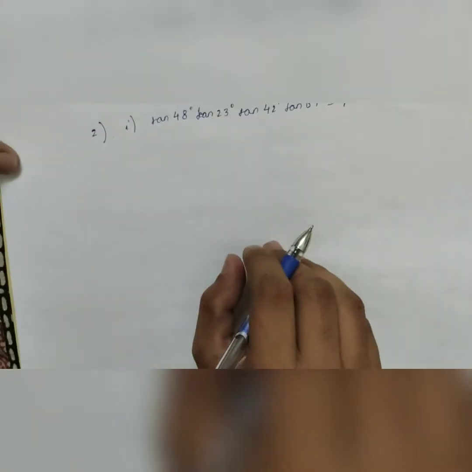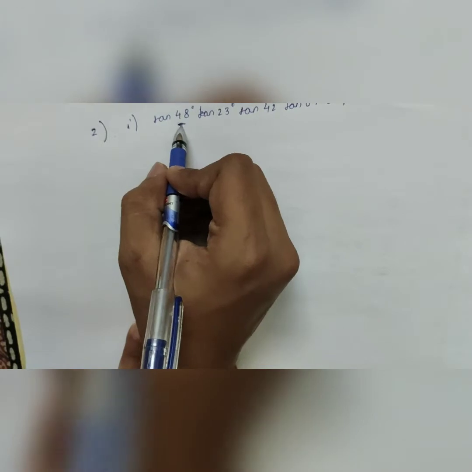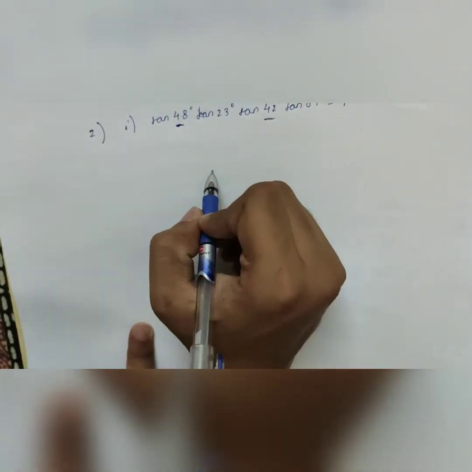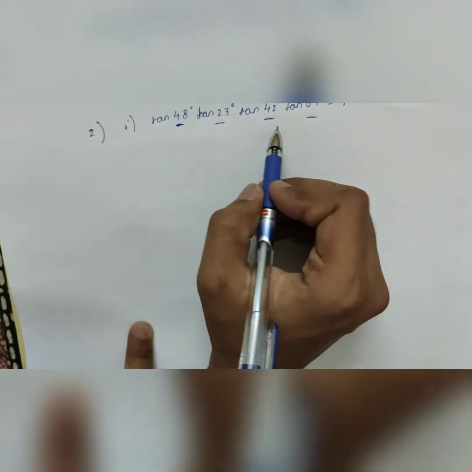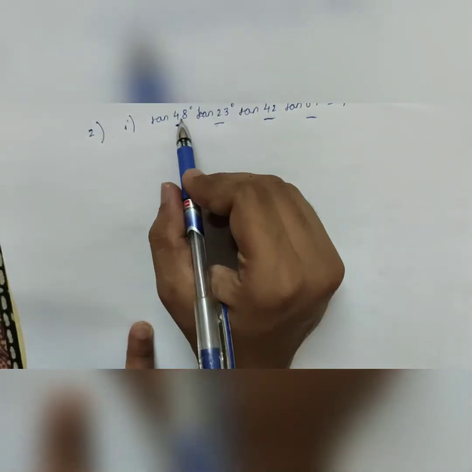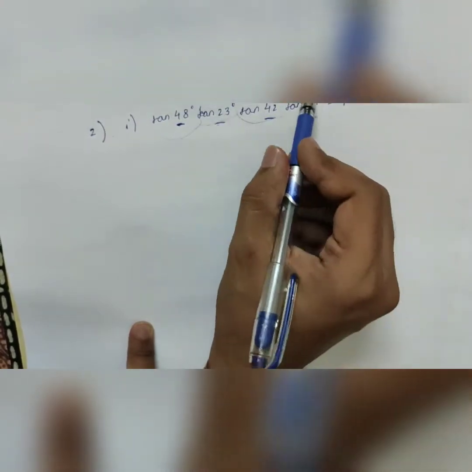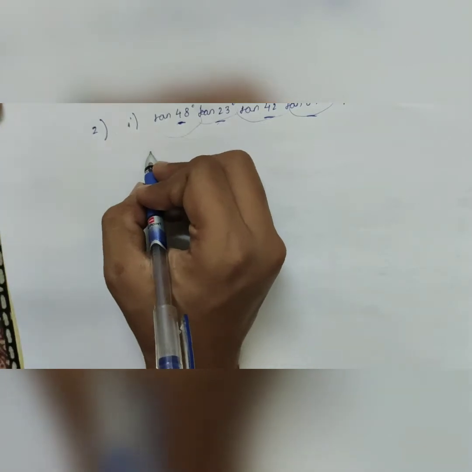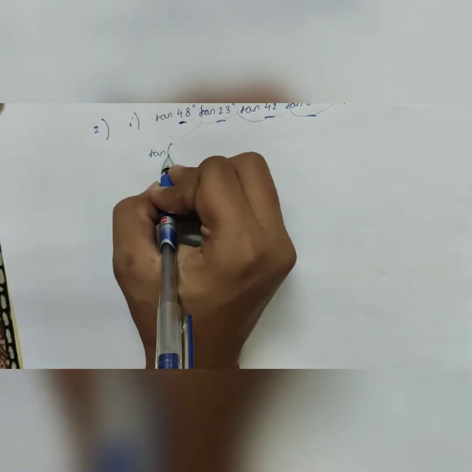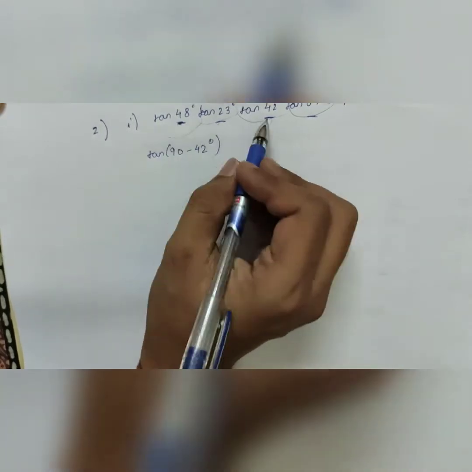If you see properly, 48 and 42 sum up to be 90 degrees, and 23 and 67 sum up to be 90 degrees. So there is a relation between these two terms and these two terms. So just convert one by one. So tan 48 you can write as tan 90 minus 42, as I told you, the sum of both of these is 90.